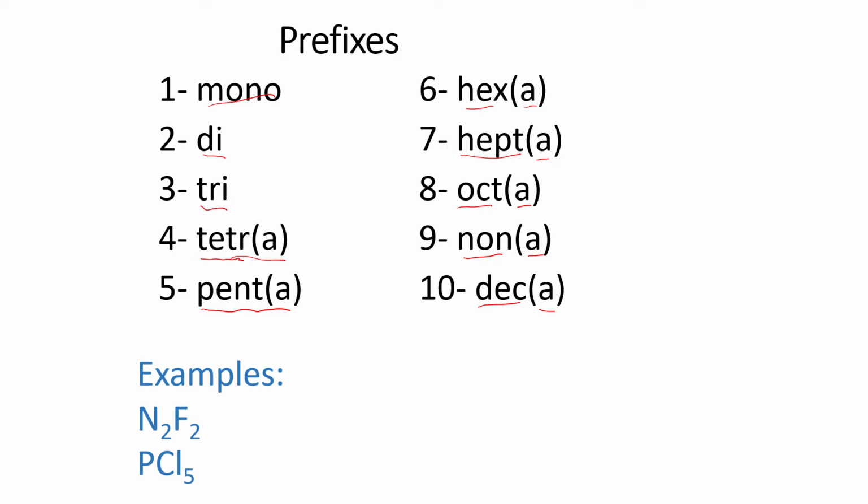So let's look at some examples and see if we can't make the when do I use an A make more sense. All right, I have 2 nitrogens. So the prefix for 2 is di. Now, just like in ionic formulas, I'm going to take the first element and name it directly from the periodic table. So N is nitrogen.